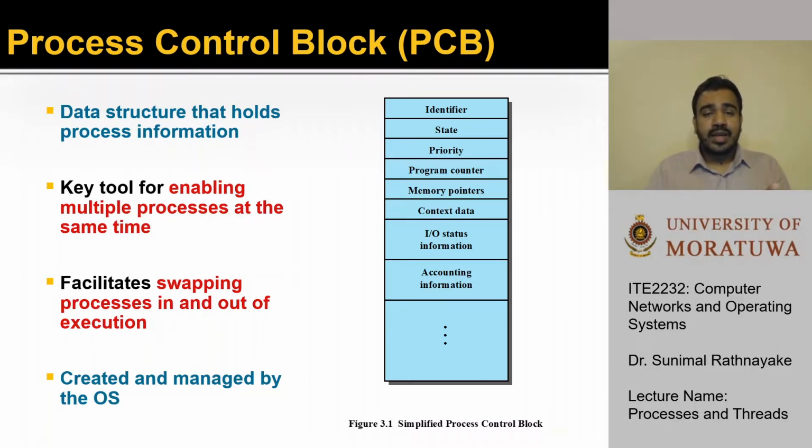So we need to take turns taking the control of the processor. The process control block helps us switch from one process and give control to the other process. This process switching is called swapping of processes in and out of execution. The process control block is created and managed by the operating system.